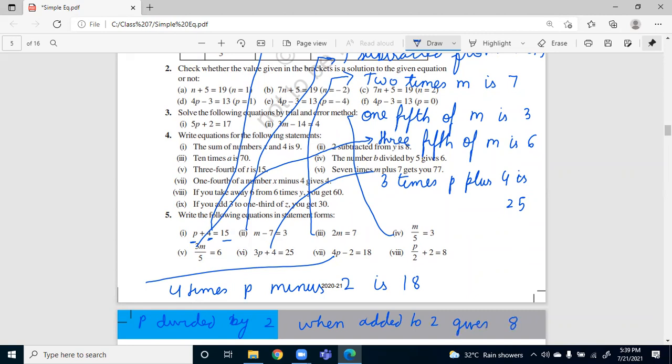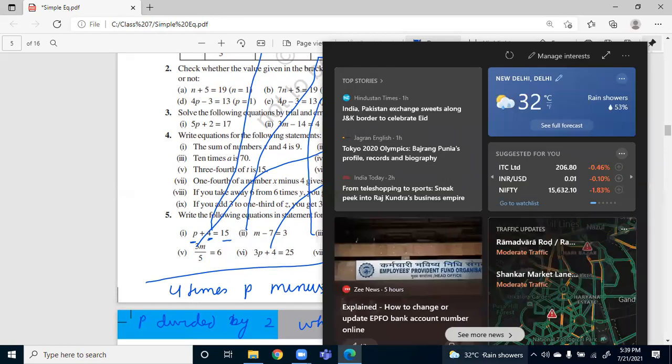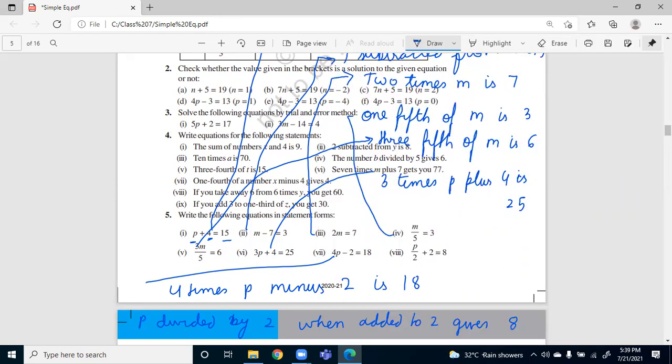When I am adding P divided by 2 to 2, then it gives me 8. Or you can also say half of P added to 2 will give 8. So this is also correct.